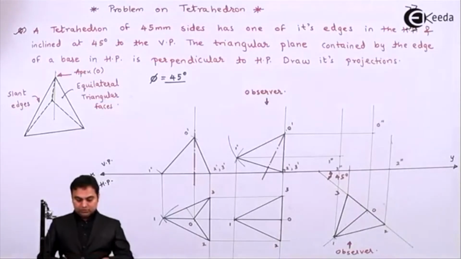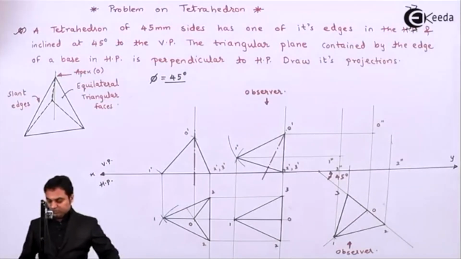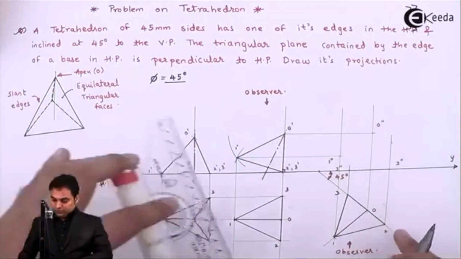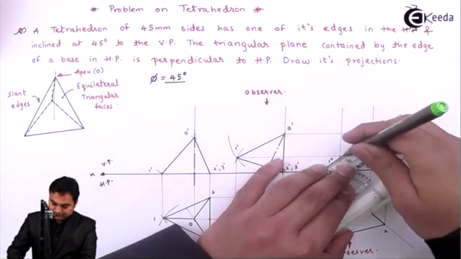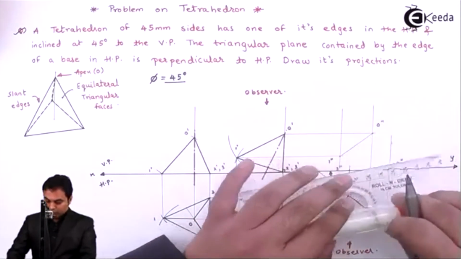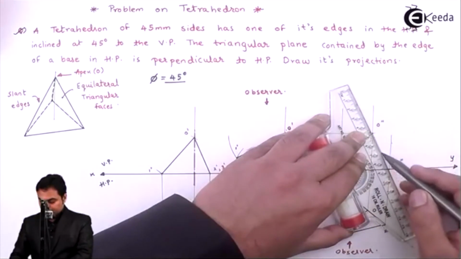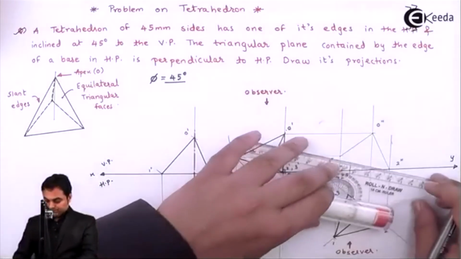Next, joining with the help of a light line, so when the observer is present here, the triangular face O12 is visible, so O double dash to 1 double dash will be connected, O double dash to 2 double dash. Next, 1 double dash to 2 double dash is visible.